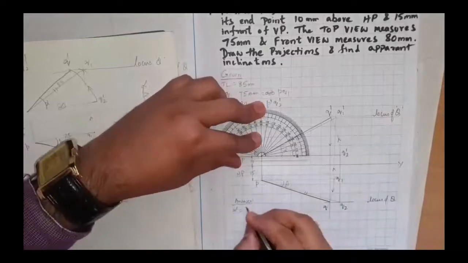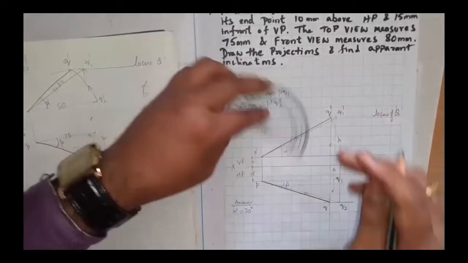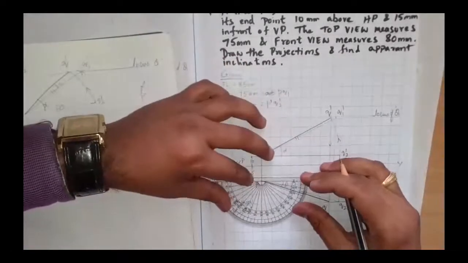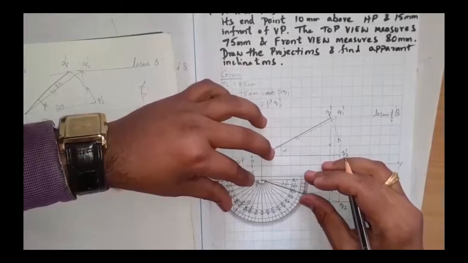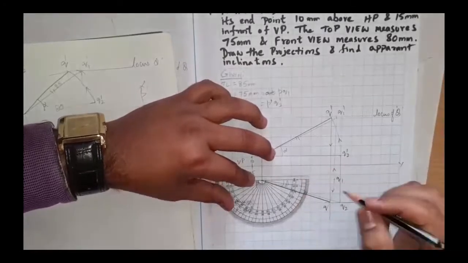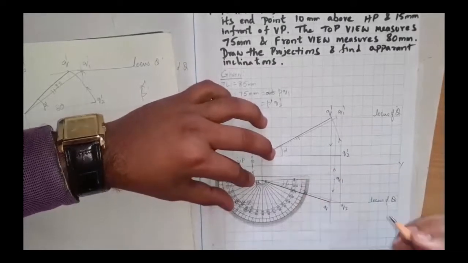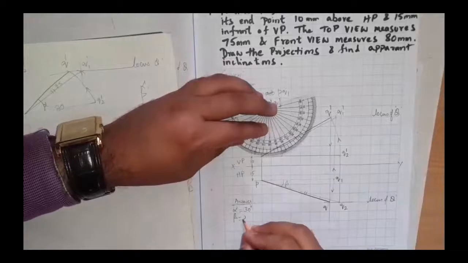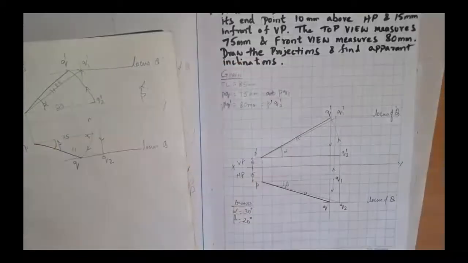I'll assume that it is 30 degree, or 29 degree. If it is exactly 29, all of you who are getting 29, please mention 29 only. Here beta is 20 degree. Beta is 20 degree for me. Is it?